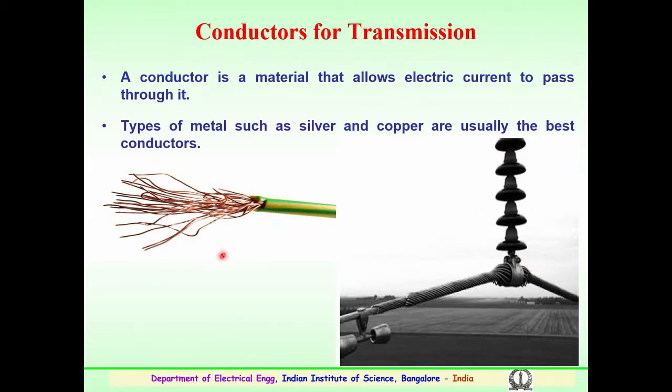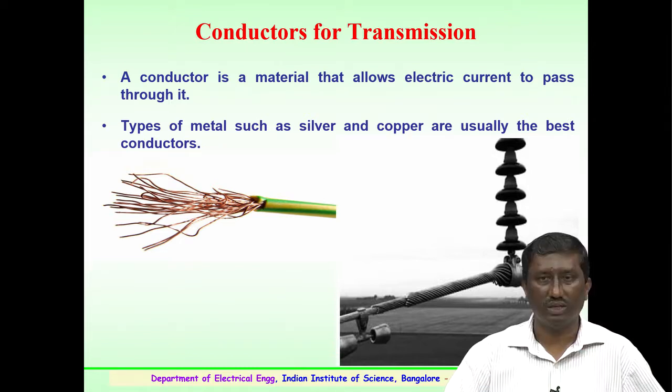This is a typical conductor which is used for domestic lighting purposes, and we will be focusing on the various types of conductors which are used for extra high voltage and ultra high voltage transmission and distribution systems.